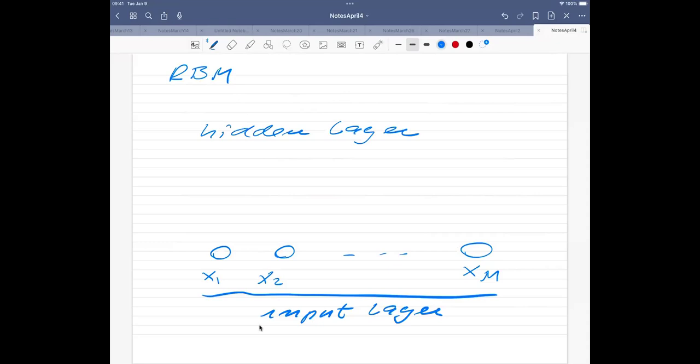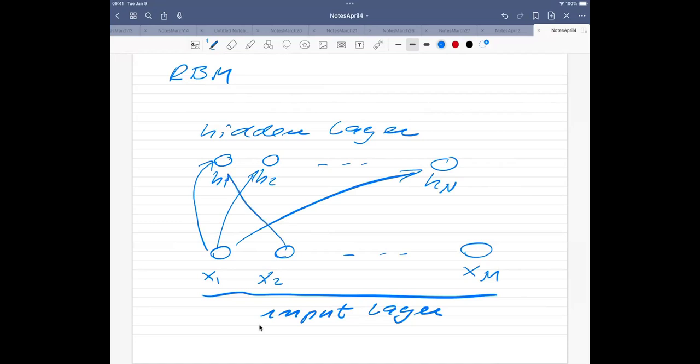So often a Boltzmann machine has just one hidden layer, and we will essentially just stay with that for the sake of simplicity. So we would have a hidden layer where we have hidden nodes. So we would have a hidden node 1, a hidden node 2, etc., up to some hidden node h of n. And then we have connections between the hidden nodes and the visible nodes. So these are connected. So we just write this connection with the arrows here. And same here and all over.